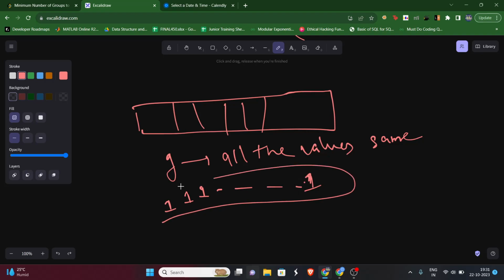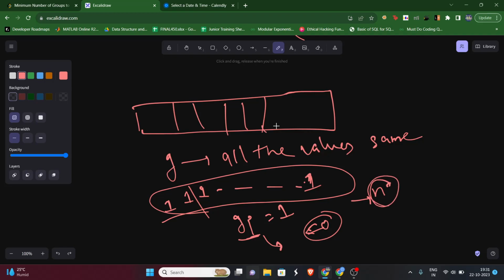In that scenario, for any group Gi, its size will be 1. So if we take the difference with any other group, the difference will always be 0. But in this scenario, the number of total groups will be n, the total number of people we have.